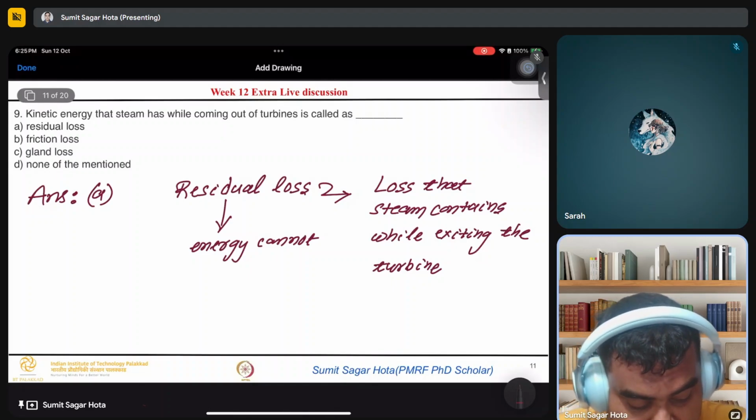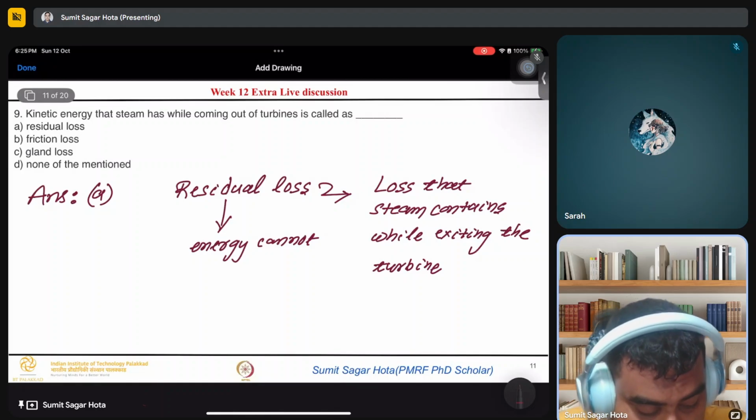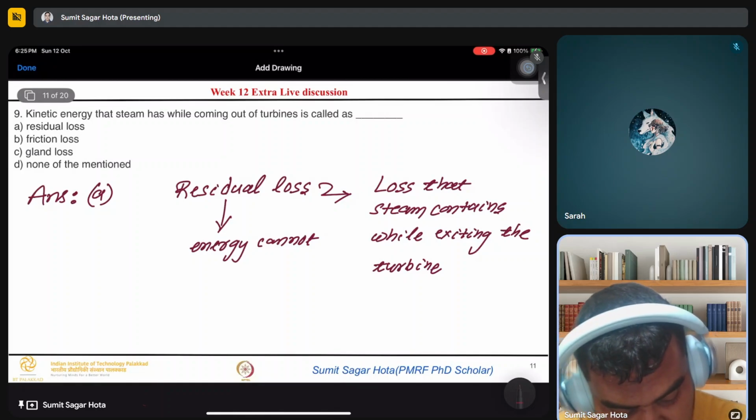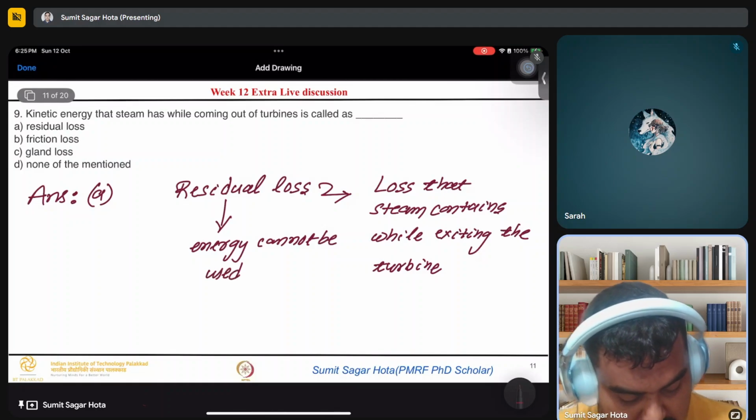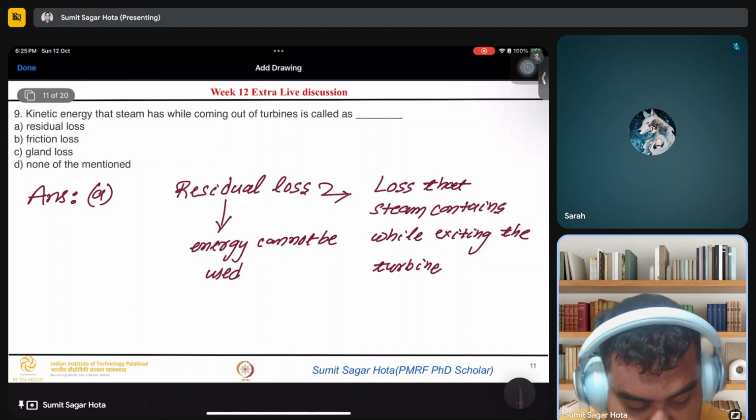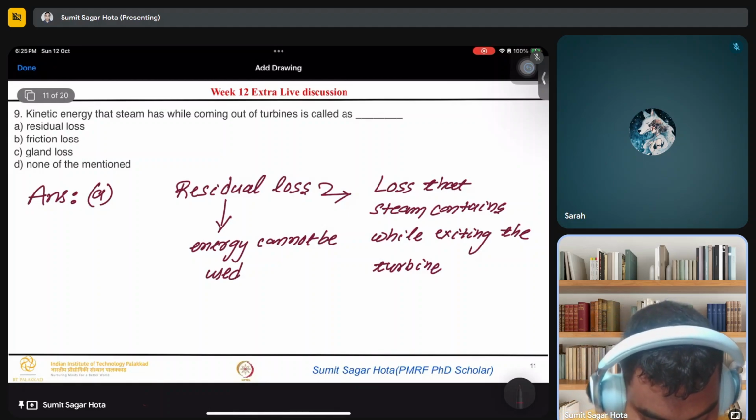If you do that, then only we can reduce these residual losses. In general, this energy cannot be used.